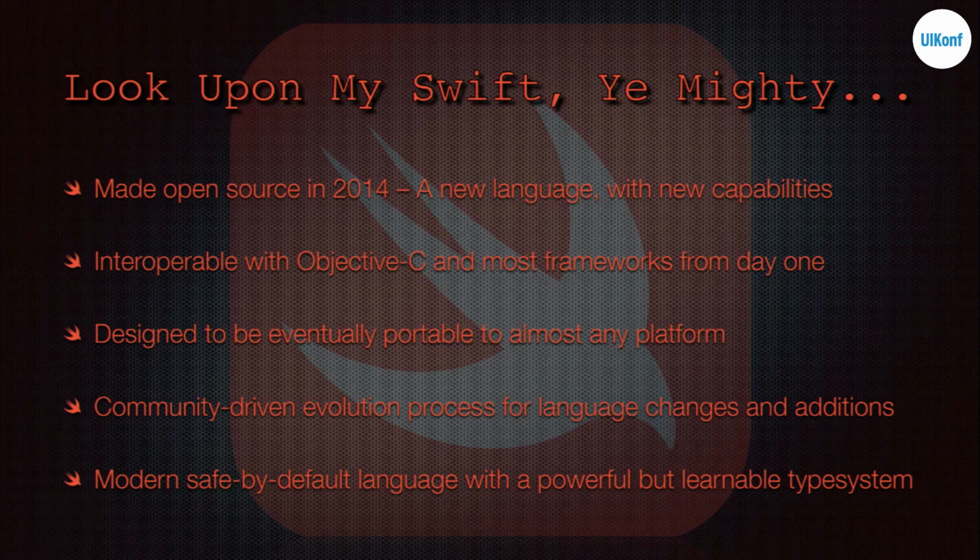This influenced the language in certain ways, but the language was nonetheless intended to be portable pretty much anywhere eventually. It has, as we all know, the community-driven process for changes and evolution, and most importantly, it has a more safe by default way of expressing a lot of things.